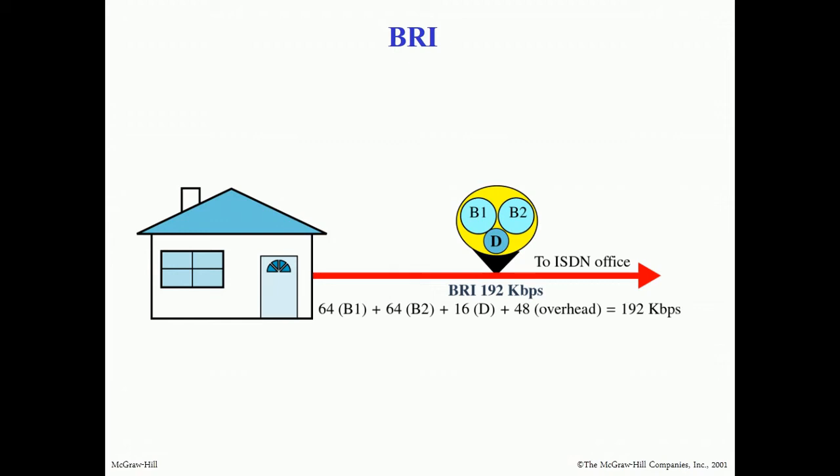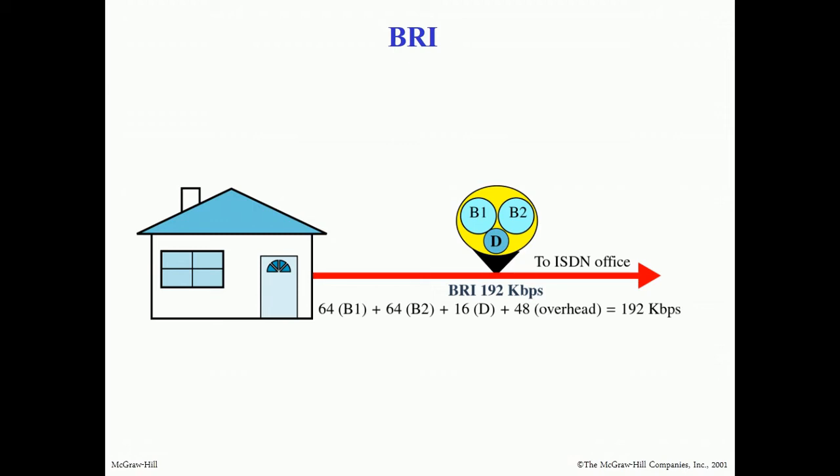So BRI services use some channels in this interface: 2 B channels and 1 D channel. It is written in this yellow circle, B1 and B2, B channel 1 and B channel 2, and 1 D channel.